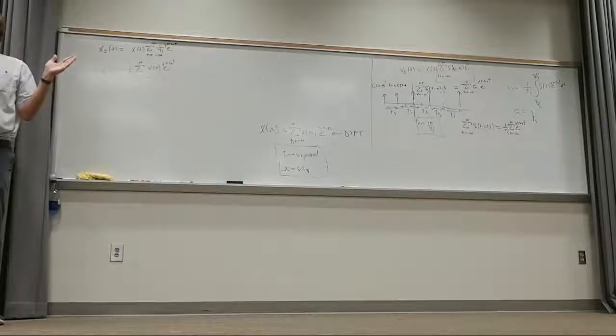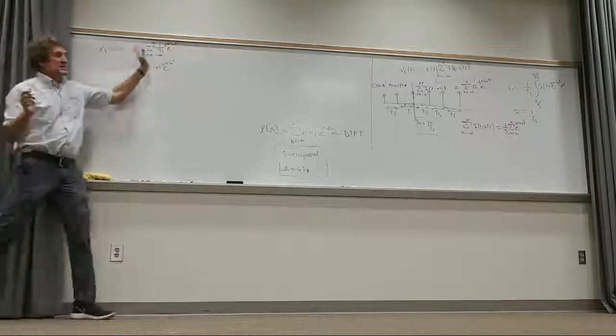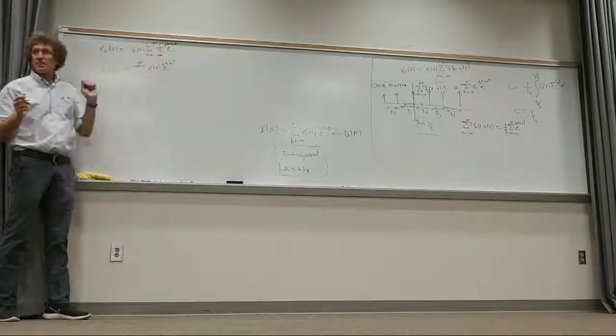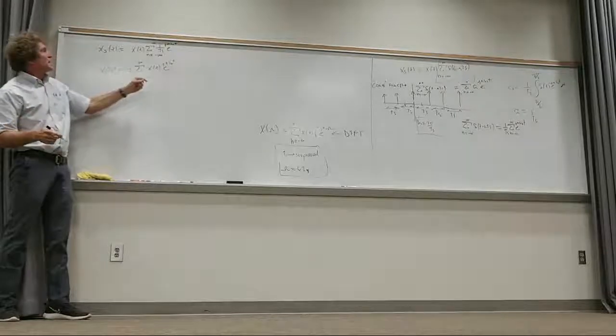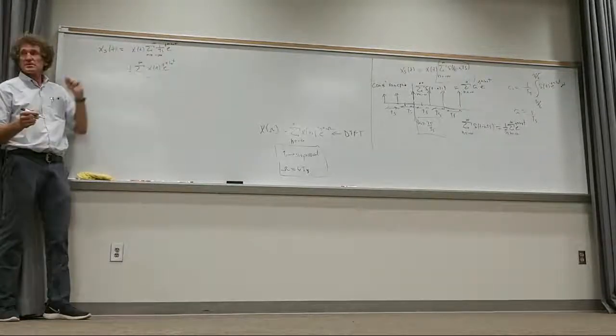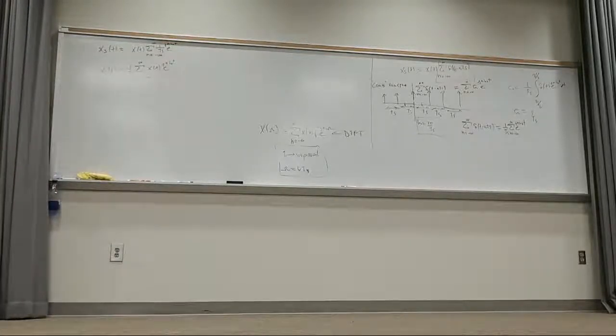Yep, can you say that again? What I've done is, instead of having x of t times the delta function series, I replaced the delta function series by this. And because x of t is not a function of n, I can bring this inside here. Isn't this exactly the same as this? Now, anybody want to take a guess where I'm going with this?